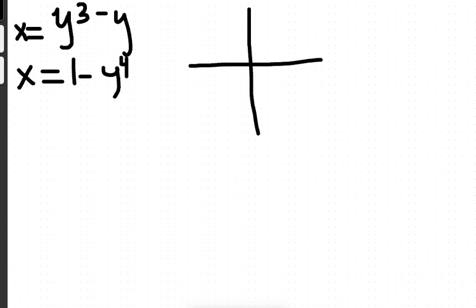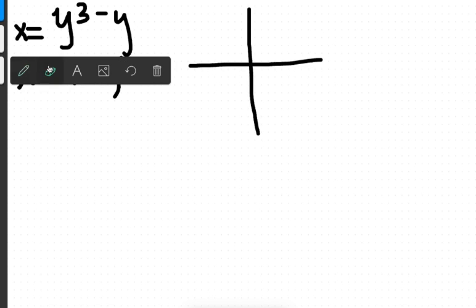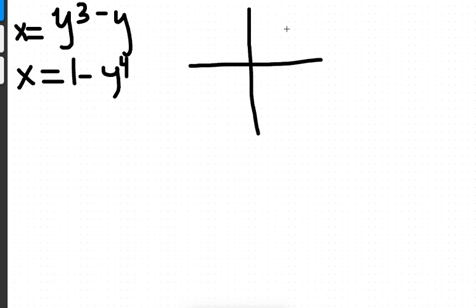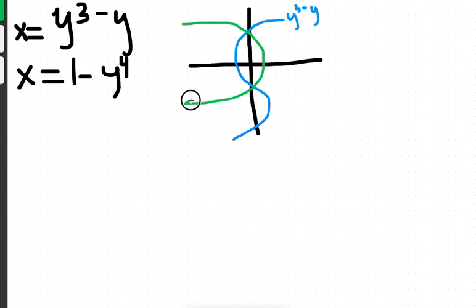I'm going to use a different color. Kind of like this for the y cubed minus y, and the other function is going to look kind of like this.